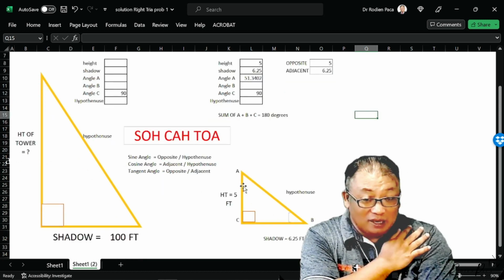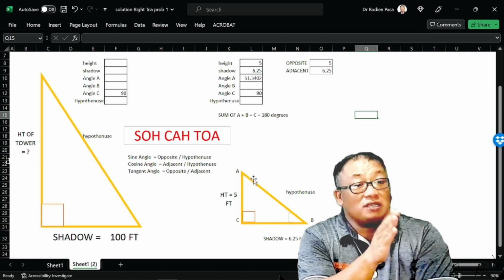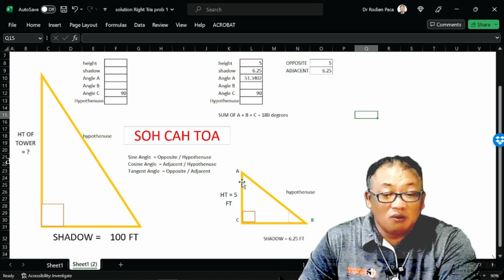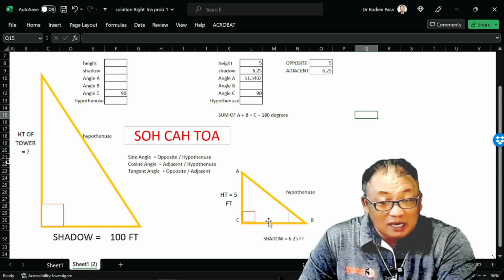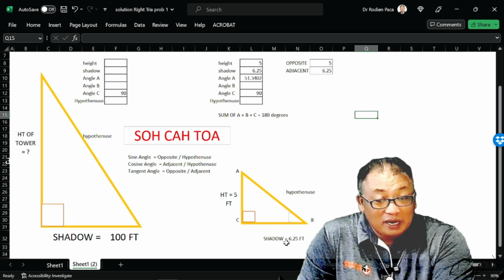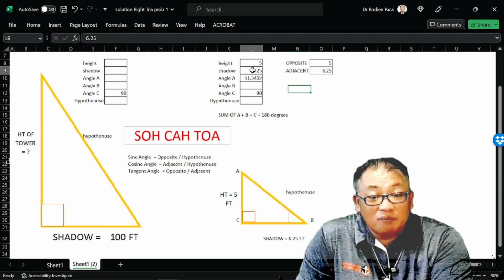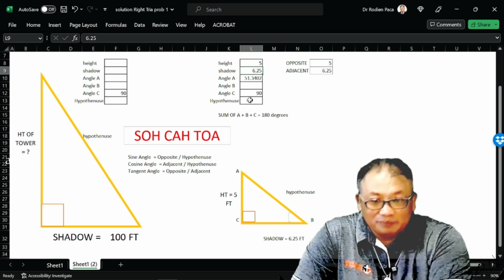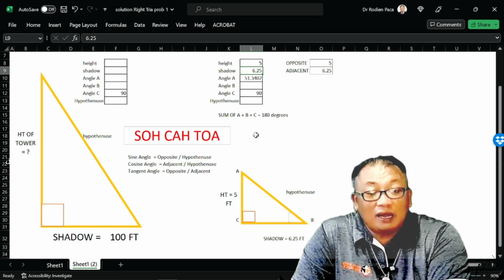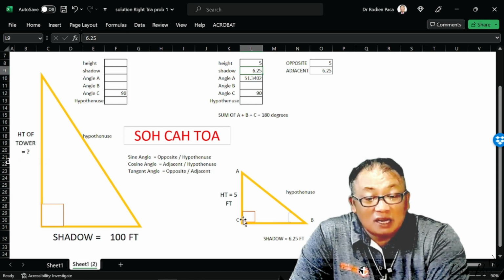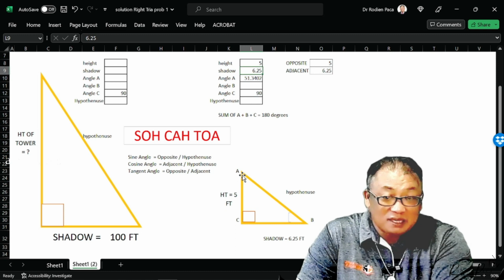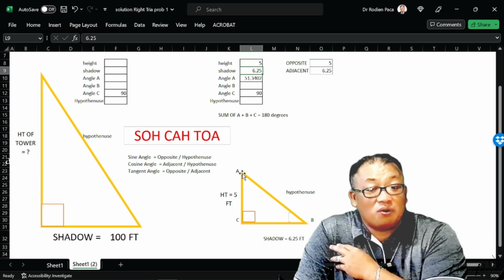So here is angle 1. This is the one I told you about, the opposite and the adjacent. If I use angle A, the opposite side of angle A is BC, which is 6.25, the shadow. The adjacent will be the 5 feet. Why is it adjacent? It is beside angle A.